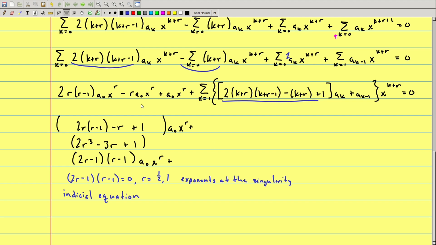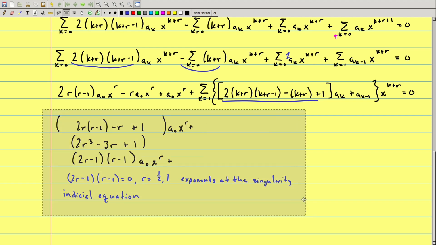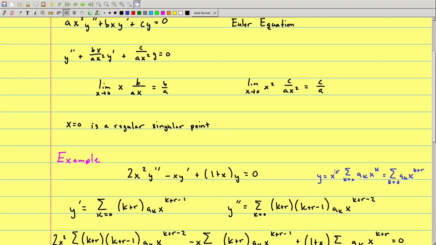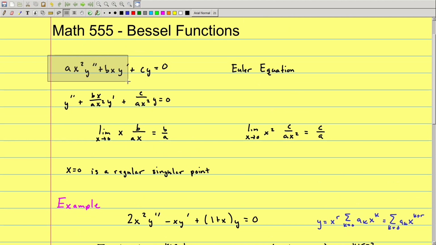And it turns out that this stuff right here is all very closely related to the Euler's equation stuff that I was talking about before.